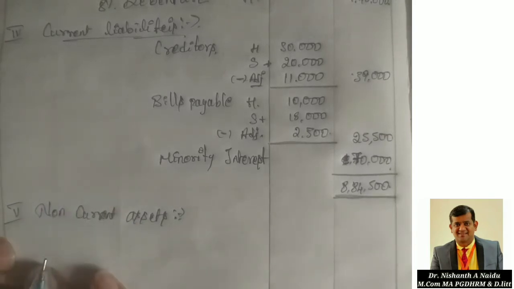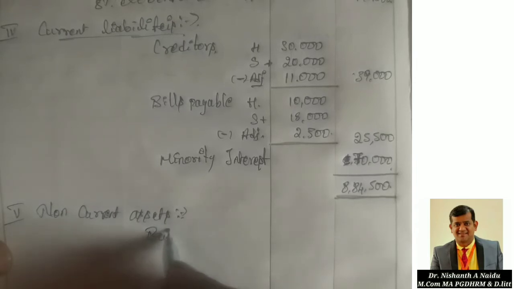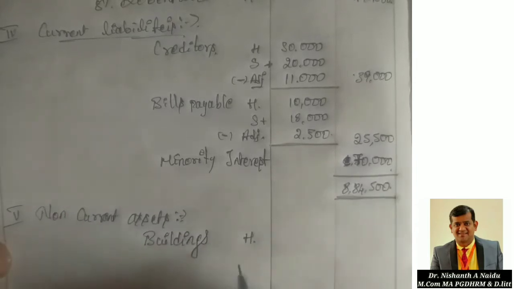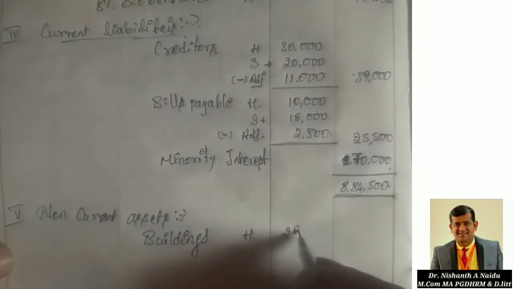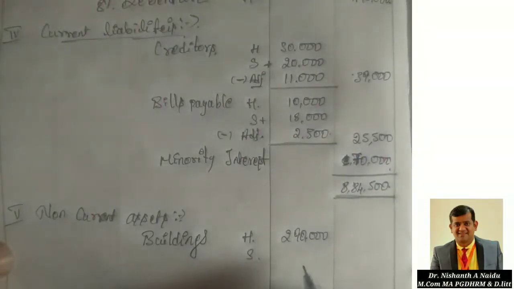Okay. So first let us take buildings. First you take H Company Limited, 2,90,000. Then take S Company Limited value of building 1 lakh.